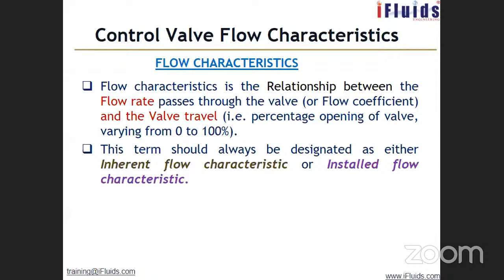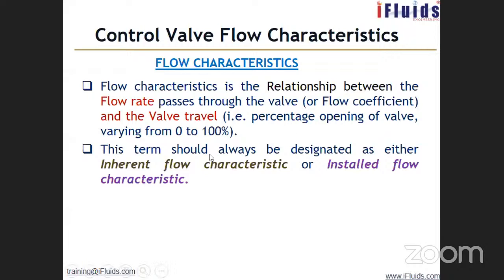When you open 60%, 70%, according to the valve opening, the flow rate varies. So your flow coefficient is related to the valve travel, that is percentage opening of the valve, varying from 0 when you fully close the valve, 0 flow. When you fully open, 100% is the full flow. So accordingly the CV varies.